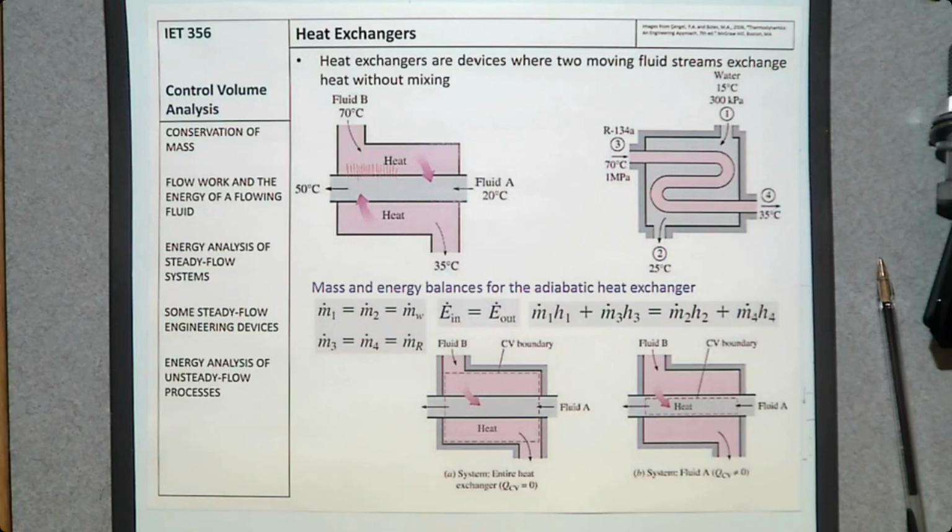So for one heat exchanger, we can come up with 3 energy balance equations. In this slide, the textbook shows only one, but you can actually come up with 3 energy balance equations. That's what we are going to study.